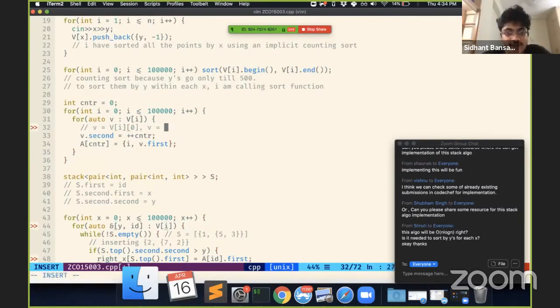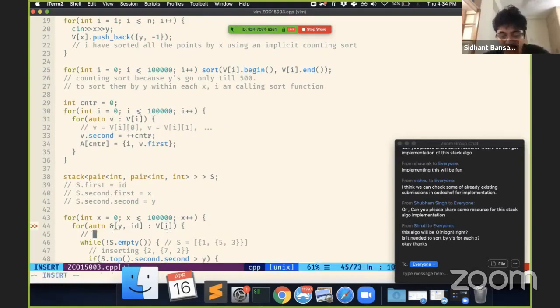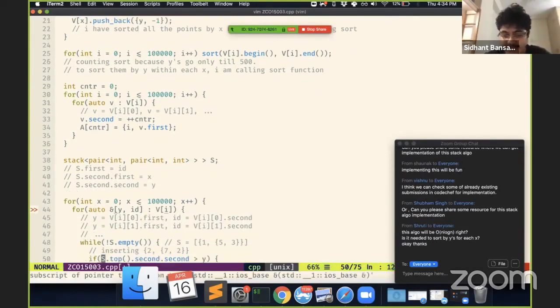In the second iteration, it will be vi1, and so on. And here the syntactical sugar was that y will be vi0 dot first and ID will be vi0 dot second in the first iteration. In the next iteration, it will be vi1 dot first, and ID will be vi1 dot second, and so that's the syntactical sugar.